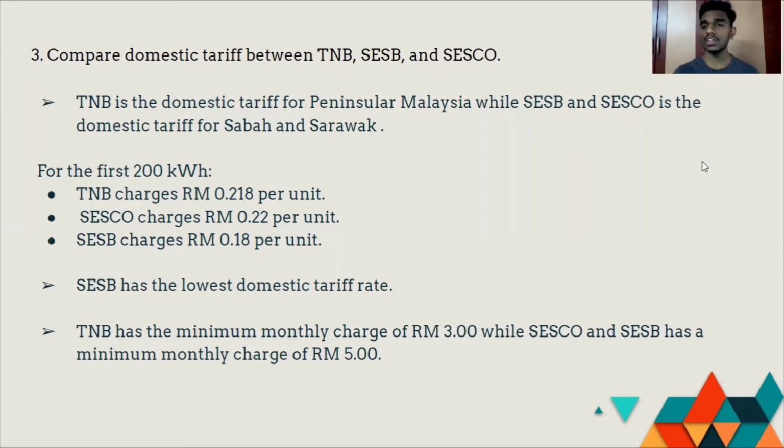With the findings, we could see that SESB has the lowest domestic rate. Meanwhile, TNB has a minimum monthly charge of RM3, while CESCO and SESB have a minimum monthly charge of RM5. However, I would say that SESB is much more convenient for the users.